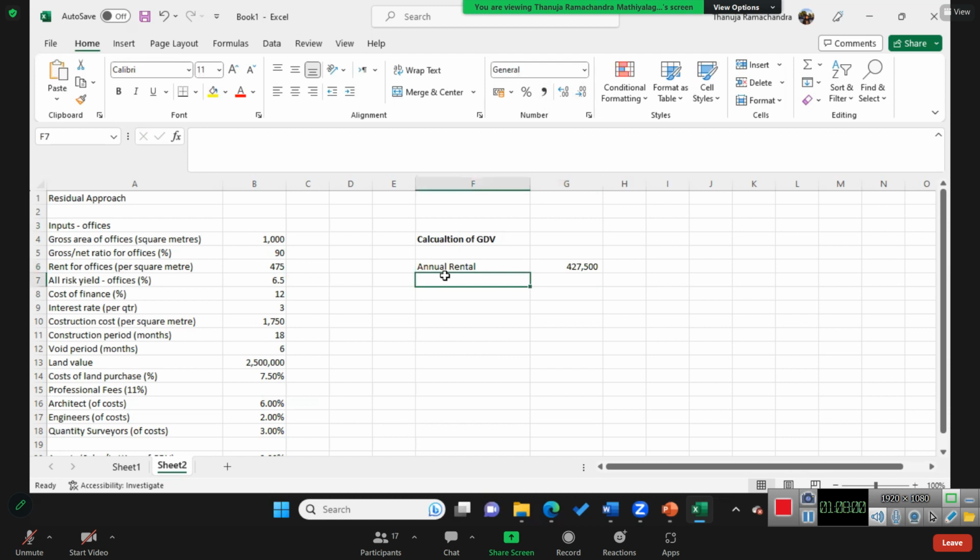Then the ARY, all risk yield, is 6.5%. So we can calculate the year's purchase as 1 over the yield.